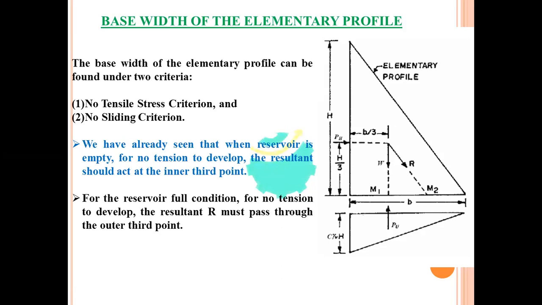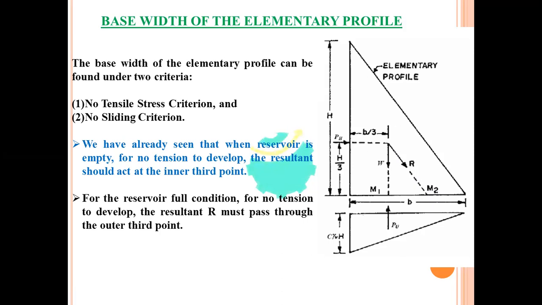So for that, the resultant force must act at the inner third point, that is B by 3 distance from the toe.